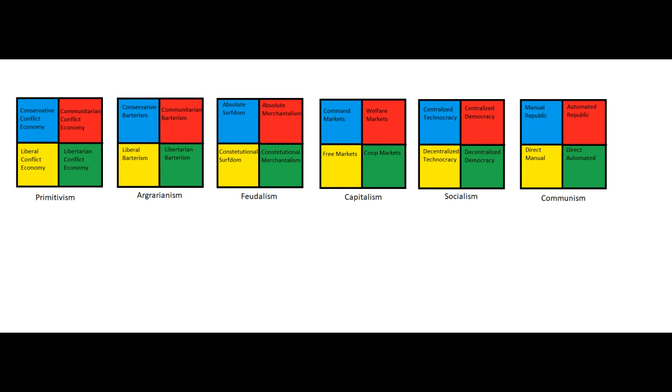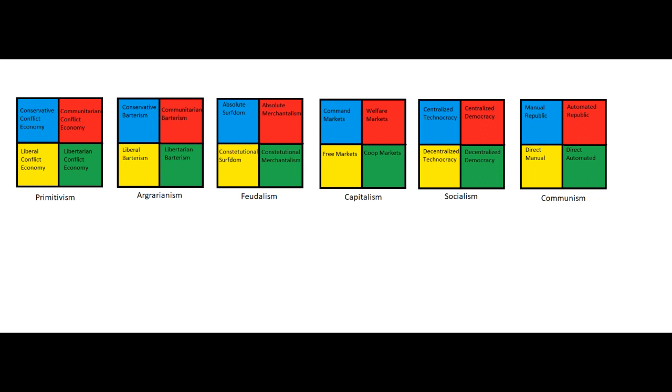The right, on the other hand, is comprised of communitarian barterism and libertarian barterism. Basically, that is where the settlements are permanent, and they are producing all of their food in one main location. The top is comprised of conservative barterism and communitarian barterism.